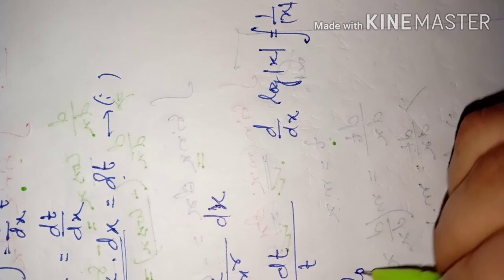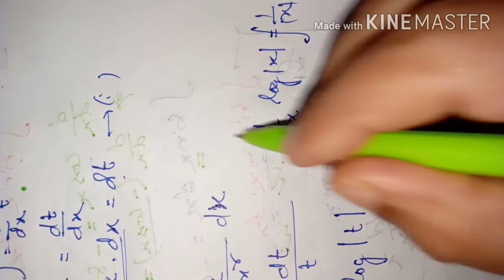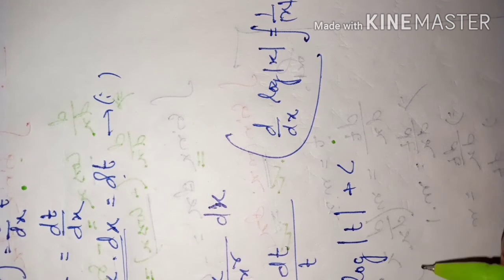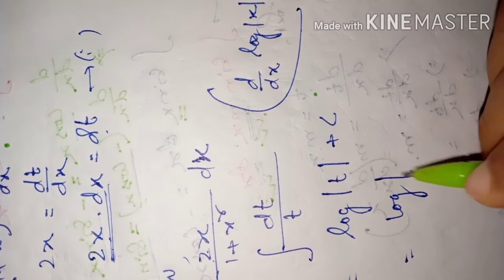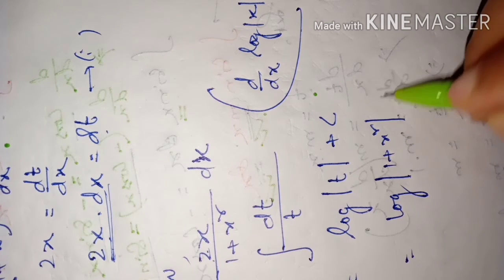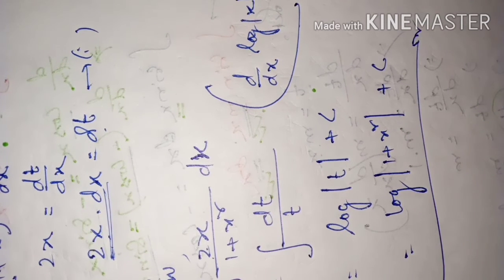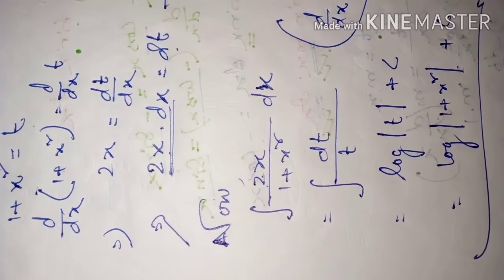So it will be log of mod t plus c. Don't forget to write the c. Therefore now you replace the t: log of t, where t stands for 1 plus x square, plus c. This is our answer. Okay, dear students, this is the answer.